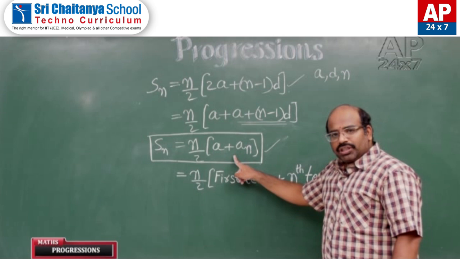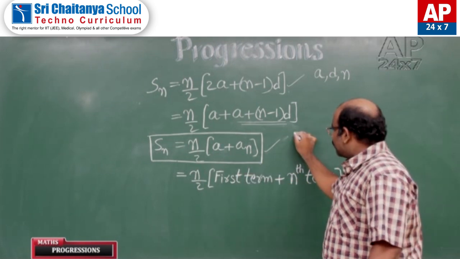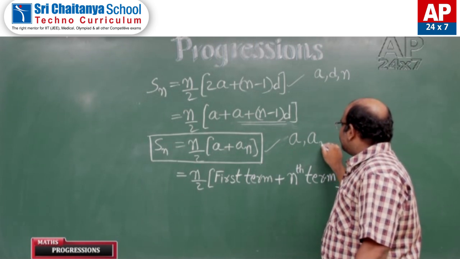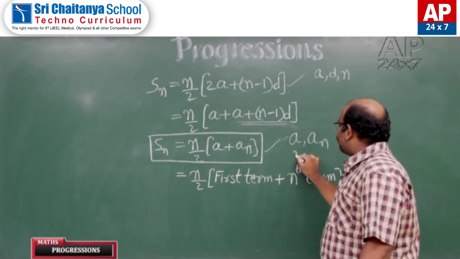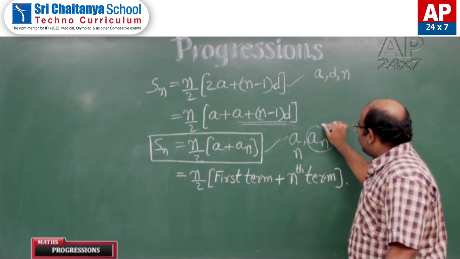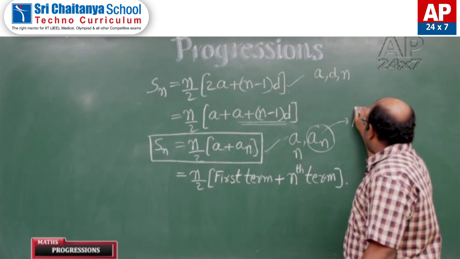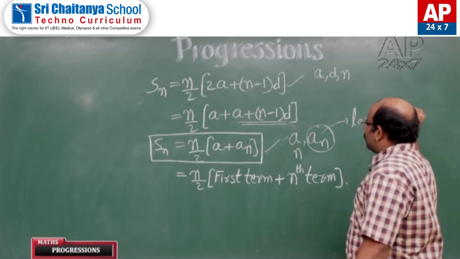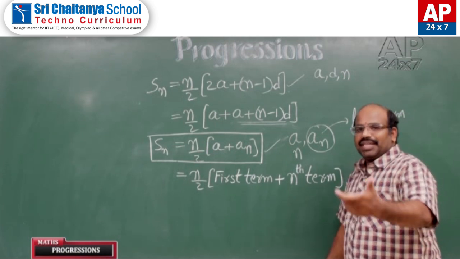When are we supposed to use this formula? When the first term, the nth term and the number of terms are given. Here this an we sometimes also refer to as the last term of the given sequence.